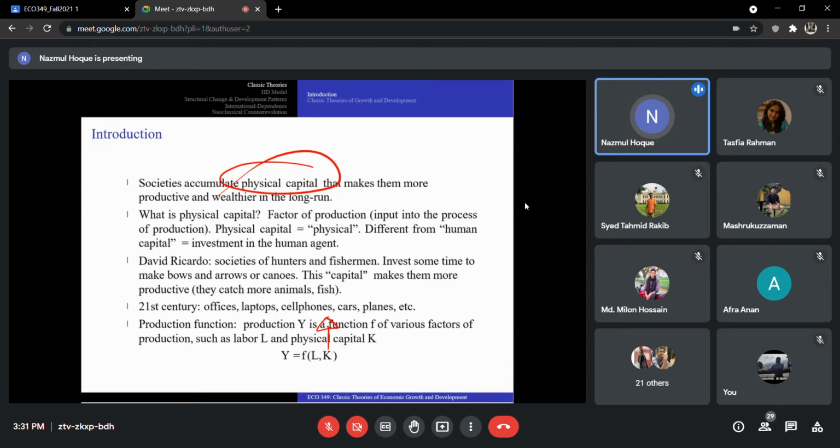This is the main idea of the standard classic theories of economic growth. There are four major categories of theories in this particular group.